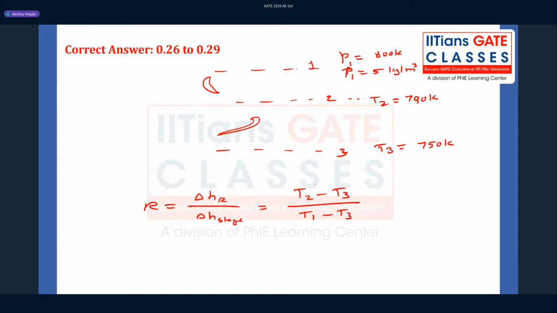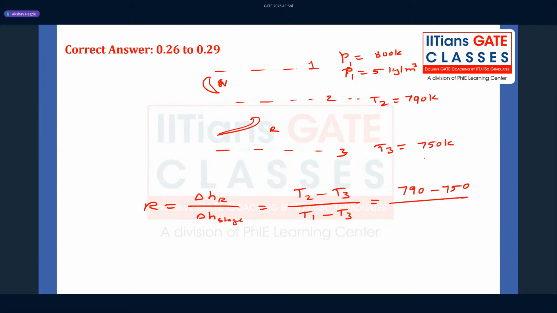This is the change in rotor and this is the change in stage. Nozzle plus rotor is stage. So that means T2 minus T3, that is 790 minus 750, divided by T1 minus T3.